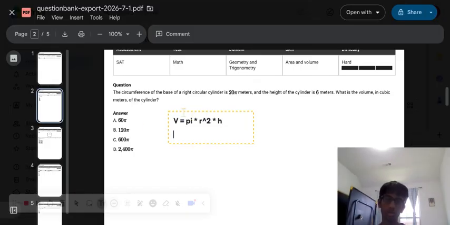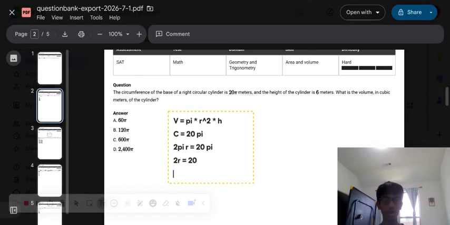So we have the circumference of the base of the cylinder. The circumference is equal to 20 pi. Remember, the circumference is 2 pi r, and that is equal to 20 pi. Dividing both sides by pi, we get 2r is equal to 20. That means that r is equal to 10.